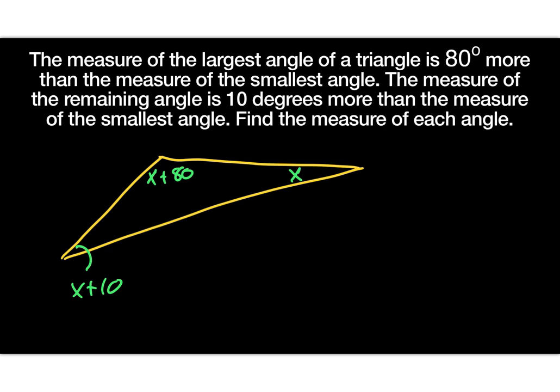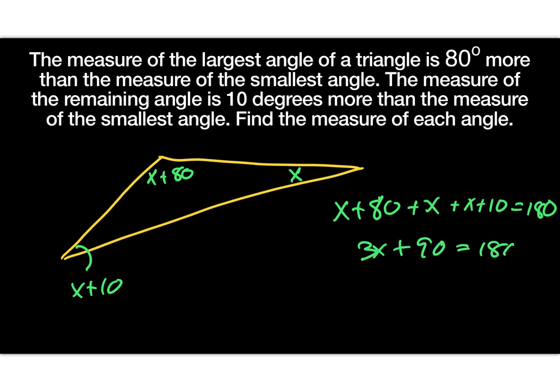What do I remember about a triangle? 180 degrees. x plus 80 plus x plus 10 is 180. The sum of the three interior angles of a triangle adds to 180. 3x plus 90 equals 180. 3x equals 90. x equals 30.